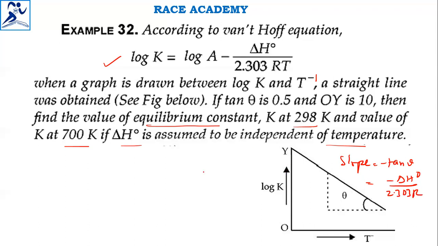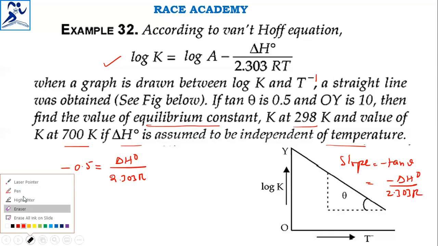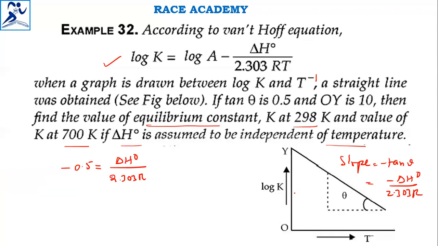The value given is 0.5, so minus 0.5 is equal to minus ΔH° by 2.303 R, and after that, for R you have to write 8.314.